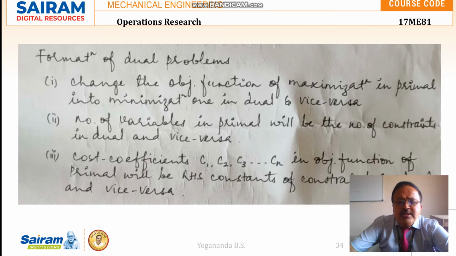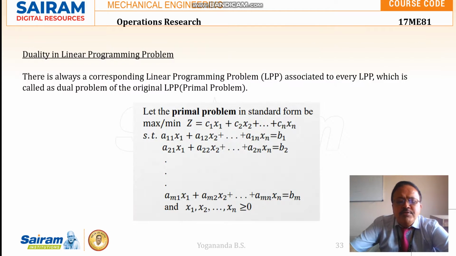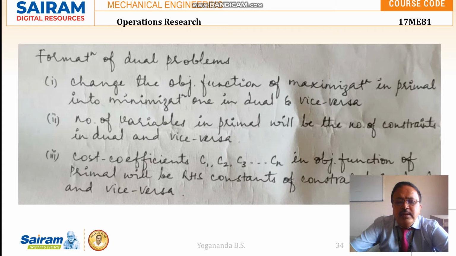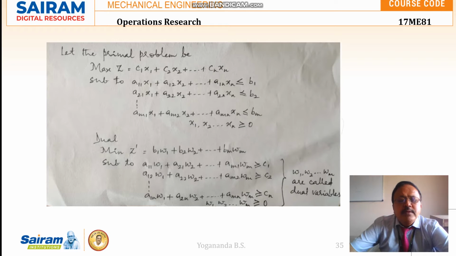The cost coefficients c1, c2, c3 till cn in the objective function of the primal will be the right hand side constants of the constraints in the dual, and vice versa. Okay, we'll see how to write the dual of the given primal problem.